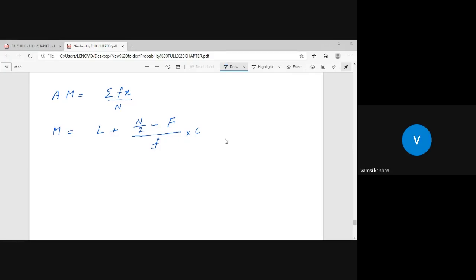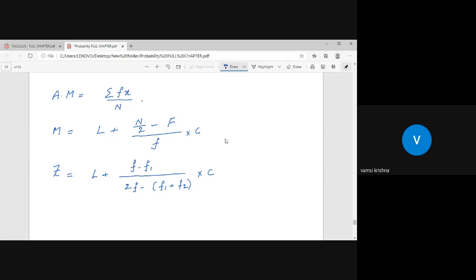And we also have mode Z is equal to L plus f minus f1 by 2f minus of f1 plus f2, into C. So these are the different things we have in our statistics.